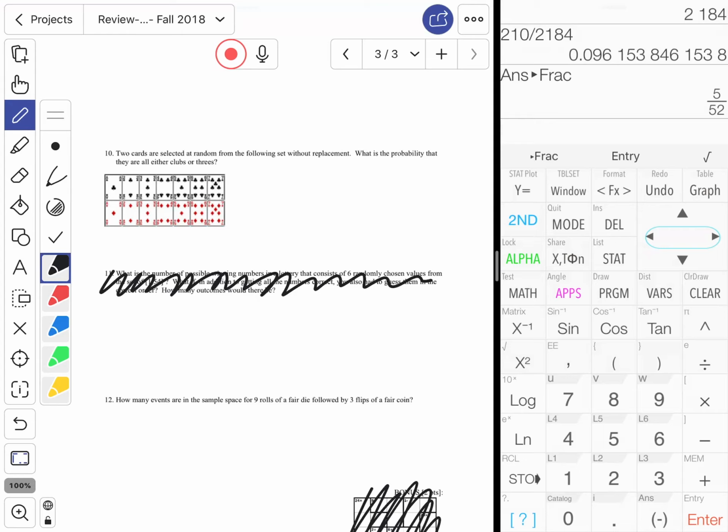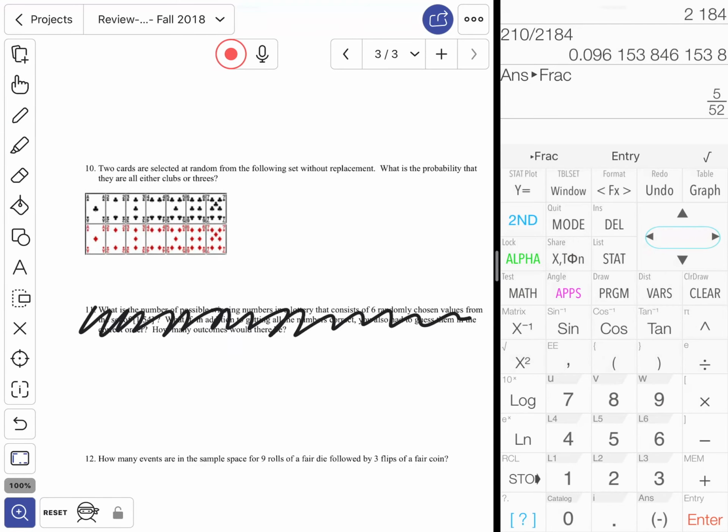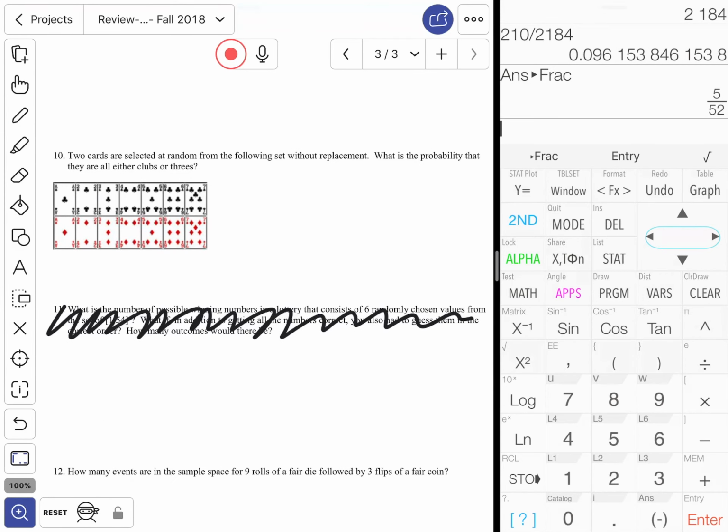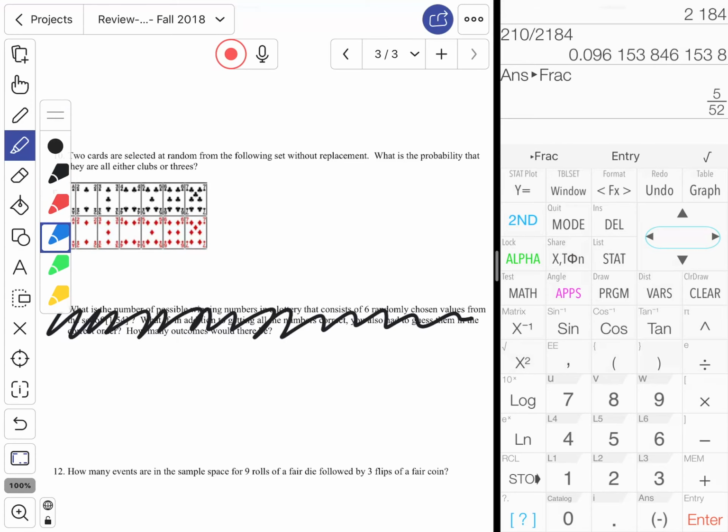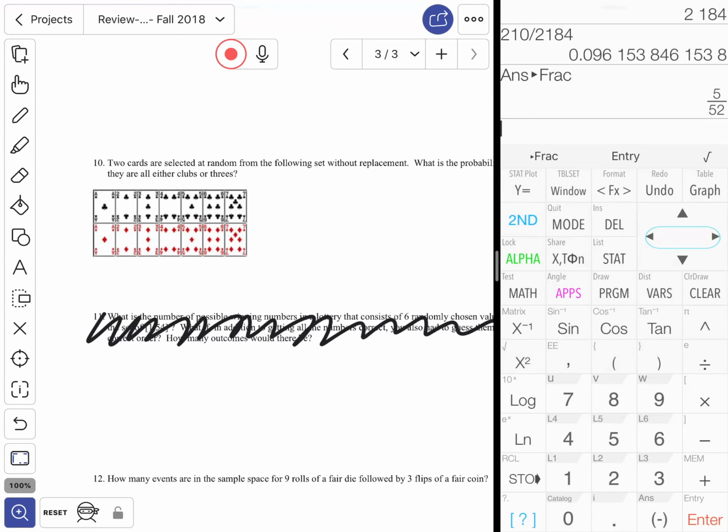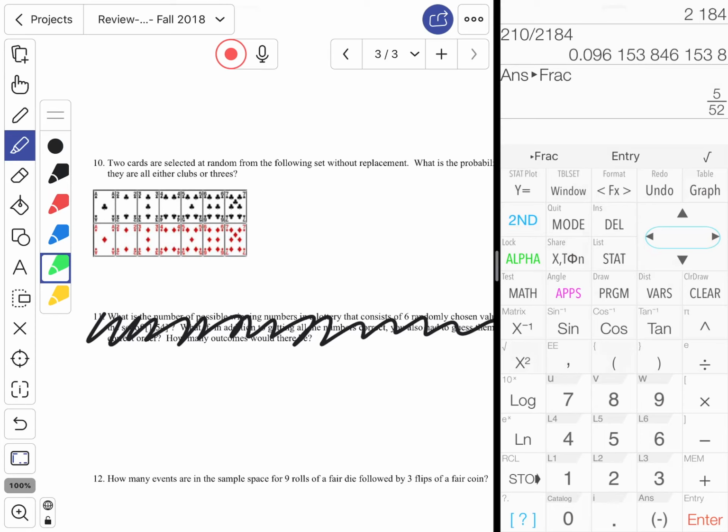So number 10, 2 cards are selected at random from the following set without replacement. What's the probability that they're both either clubs or threes? All right, so let's go through and take a look. So only 2 cards this time. Clubs. I'm gonna use a highlighter here. Here are my clubs. And I also want the threes. So instead of it being 7 out of 14 now, it's going to be 8 out of 14 because there's 8 cards that are good to go.